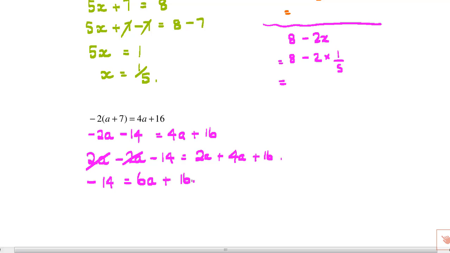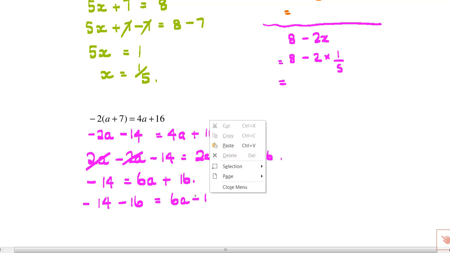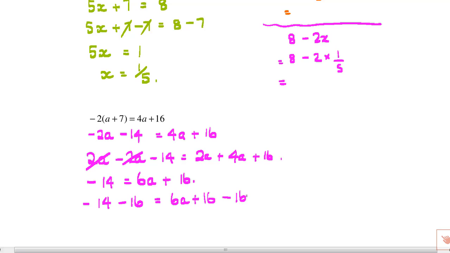Now I'm going to subtract 16 from both sides. That's a plus 16. Oops, let's just get that right. Plus 16 minus 16. We're subtracting 16 from both sides. Left hand side is -30. Right hand side is 0, 6a.